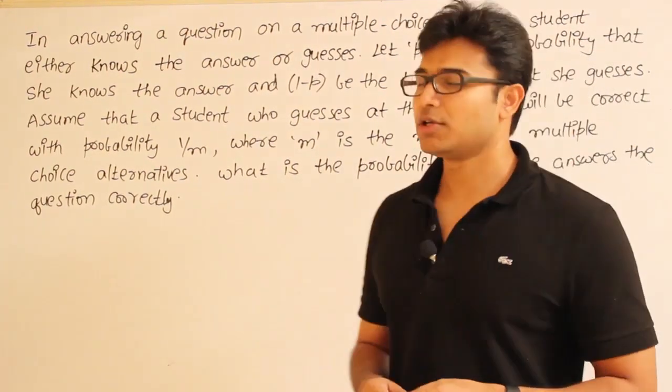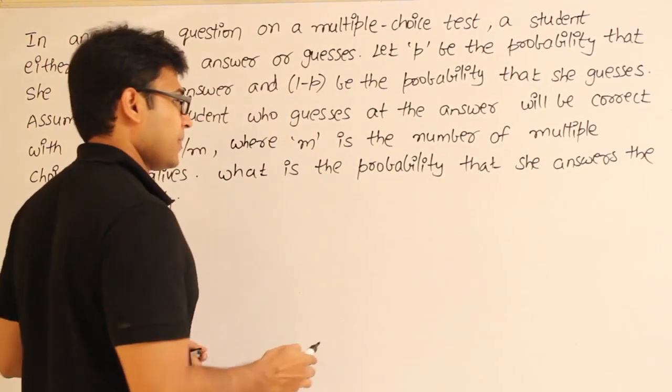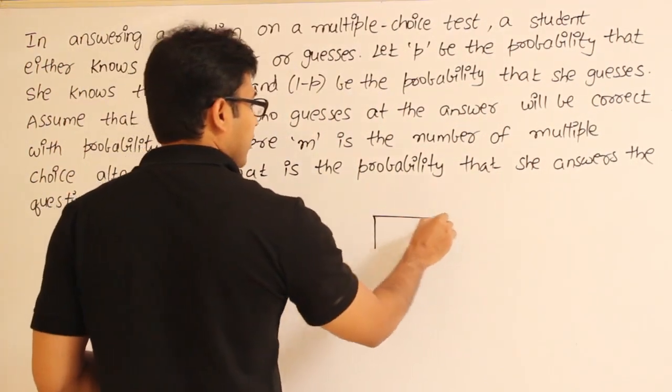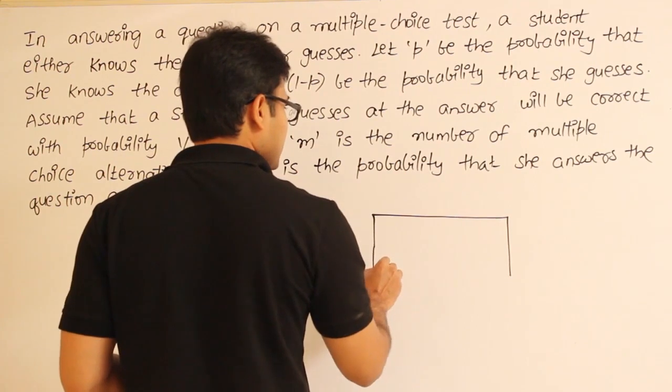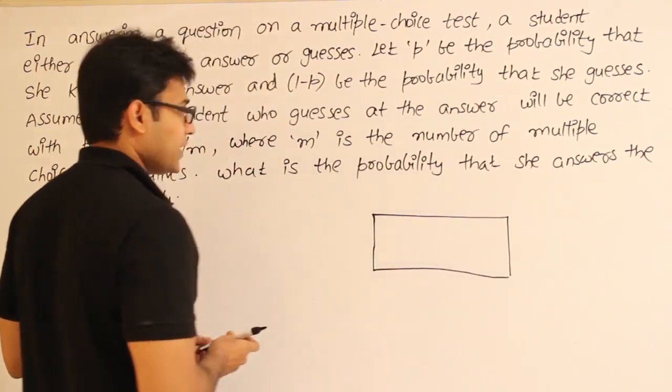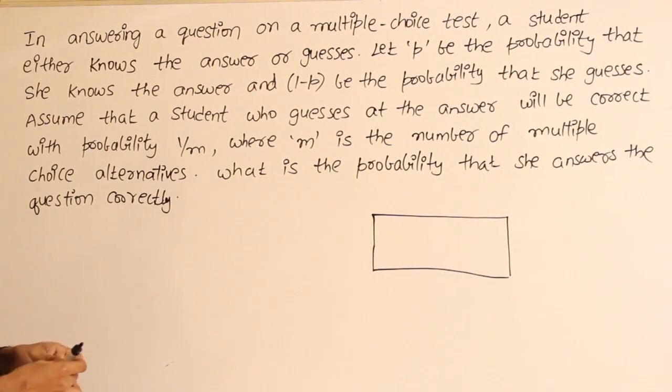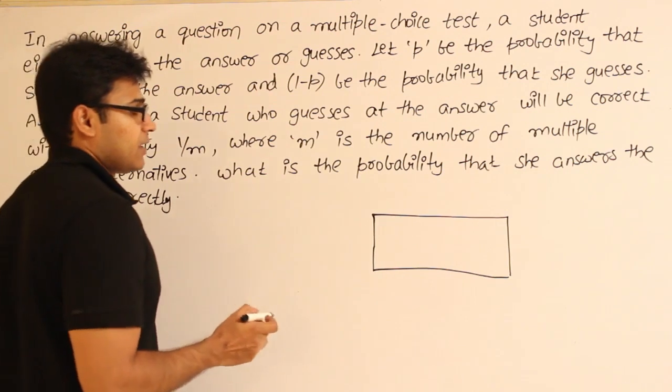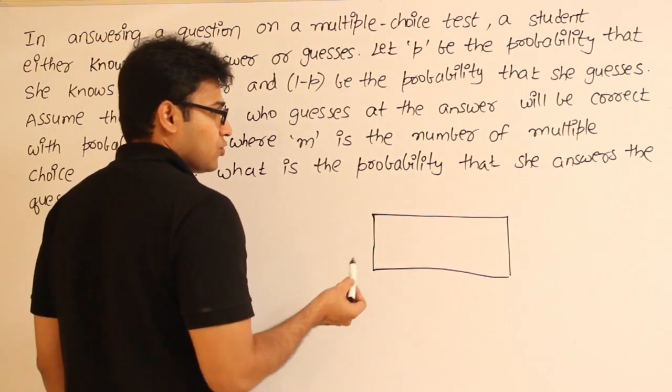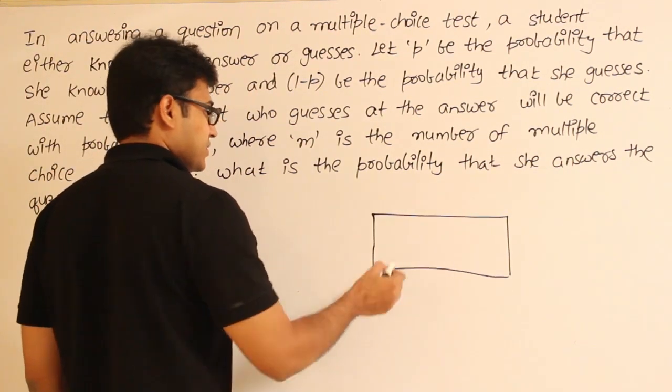Again, we have to apply the total probability. So why say this? Because now our sample space will contain actually 4 events, but then we can, okay, see this. Either she knows the answer or she guesses, right?